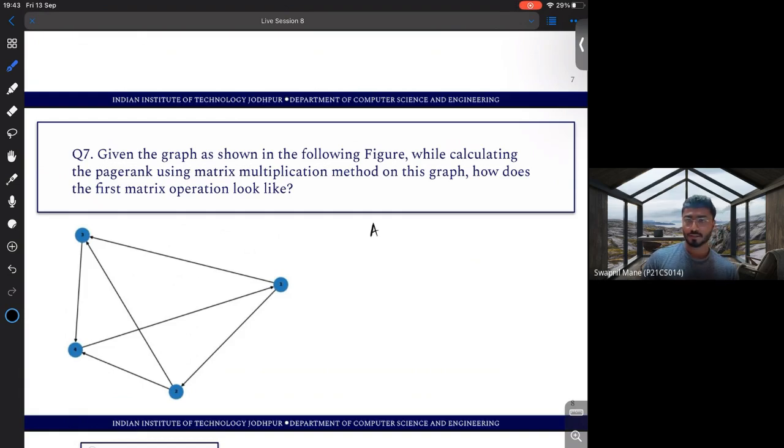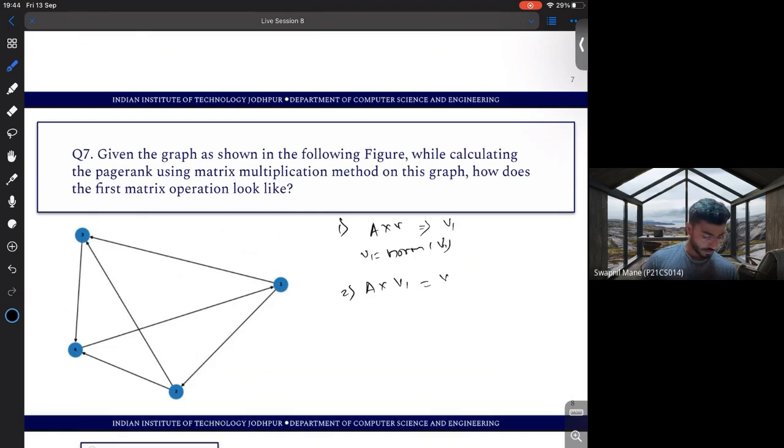Whatever graph we have, we represent it in matrix format and multiply it with any random vector v. The resultant we get is v1, and then we normalize this vector. This is the first iteration. In the second iteration, we again multiply A with v1.